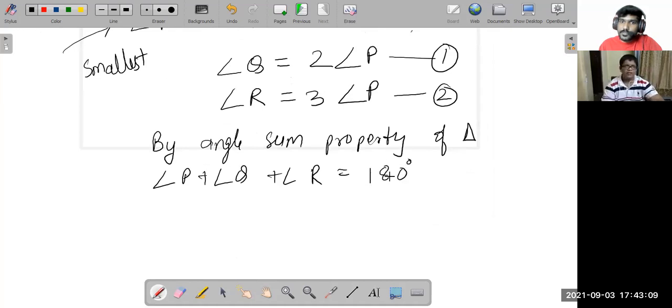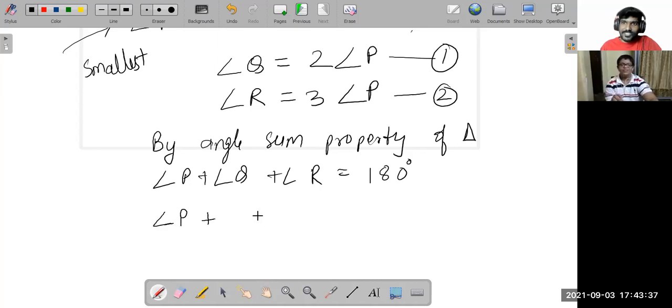So I think I found the answer. Yeah, what? Tell me. The smallest angle is 30 degrees. The angle which is twice the smallest is 60 degrees, and the biggest one is 90 degrees. So how did you get the smallest one? Tell me that.